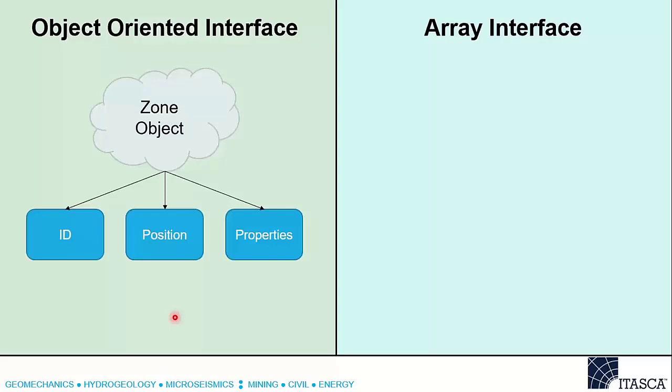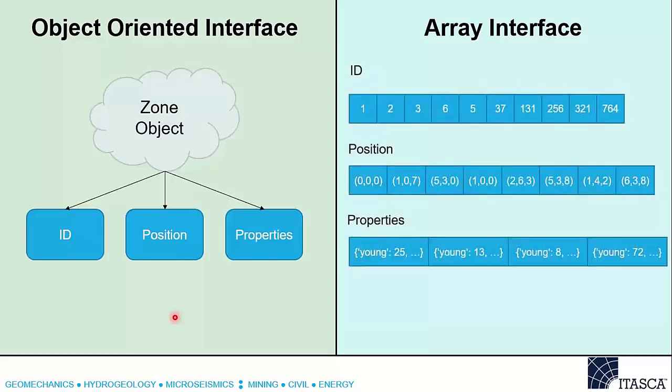Within the array interface, however, you're interacting with all of the zones at once. Those prior functions, rather than simply returning the ID or position or properties of a single zone, return the IDs of all of the zones within the model as an array. So rather than interacting with a single object at a time, you're interacting with all of them at once.